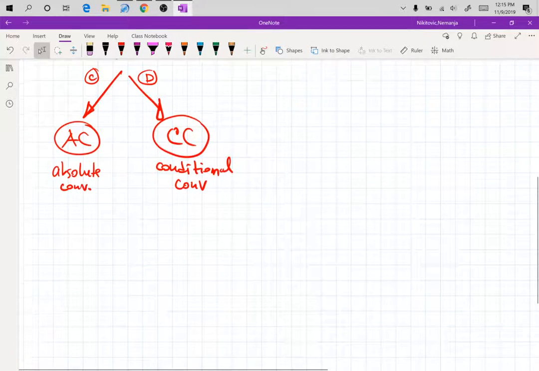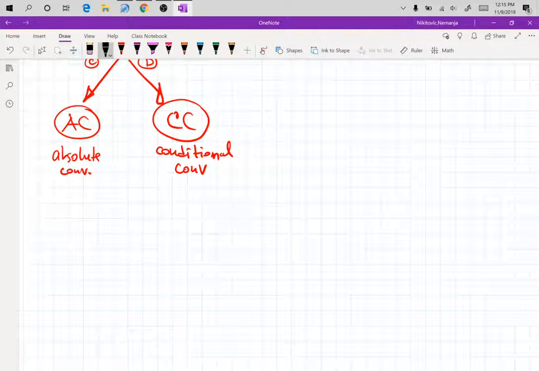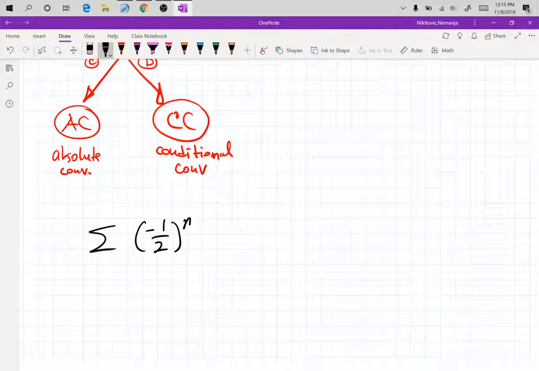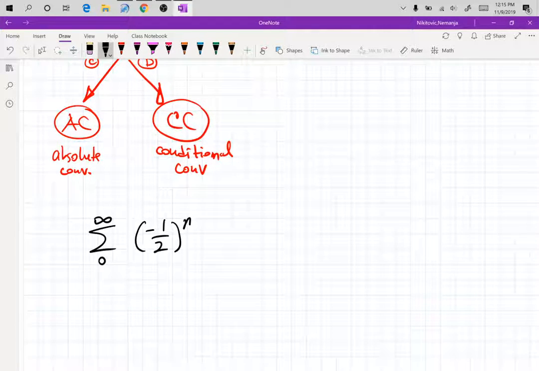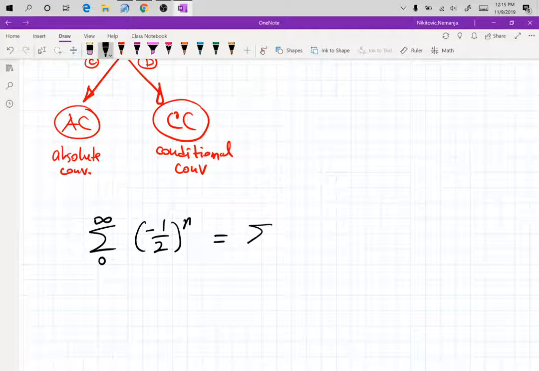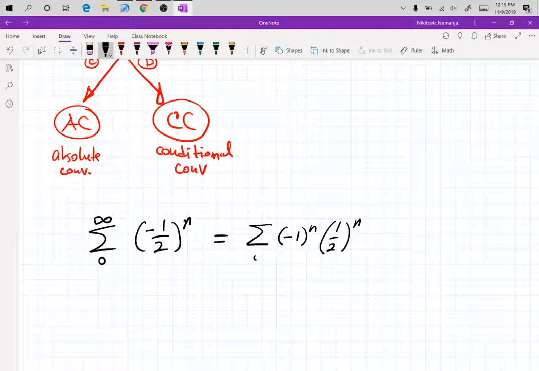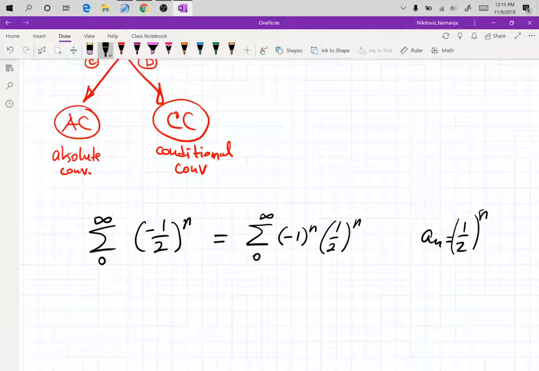So let's take a look at an example of this. Say you have the summation of (-1/2)^n, starting from 0 going to infinity. So, okay, you, dare I say, clearly see that there is a (-1)^n involved in this mess. So we can split this into (-1)^n times (1/2)^n, from 0 to infinity, from where we learned that a_n is (1/2)^n.